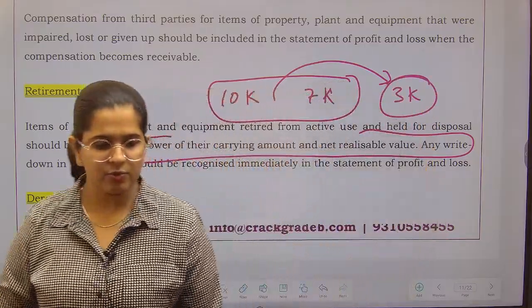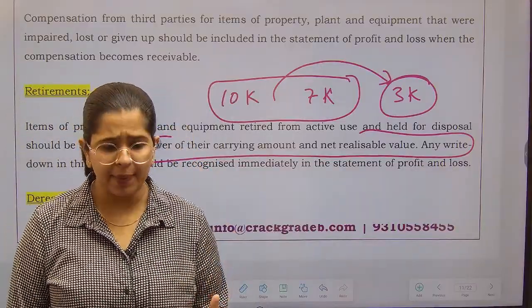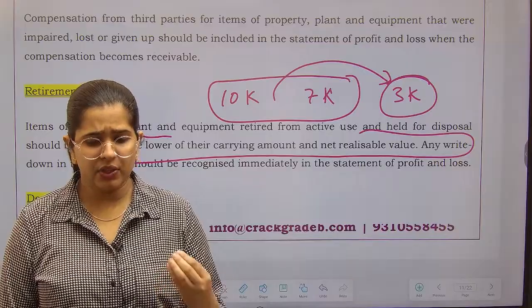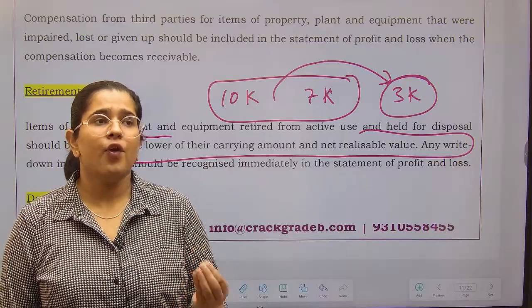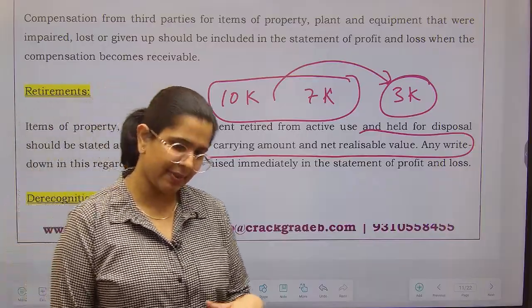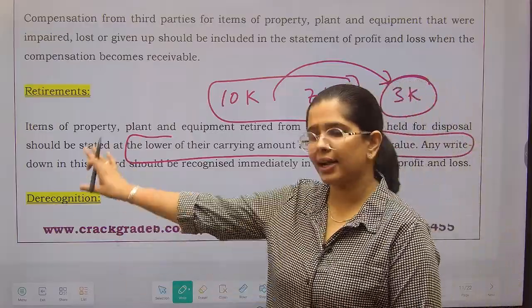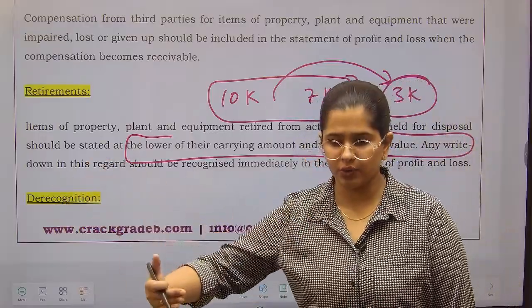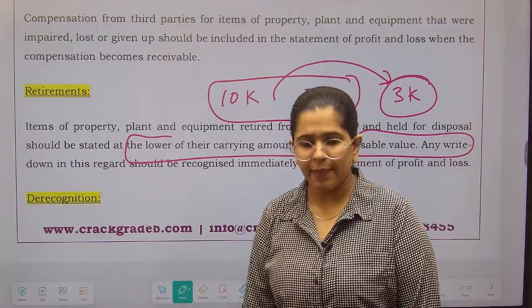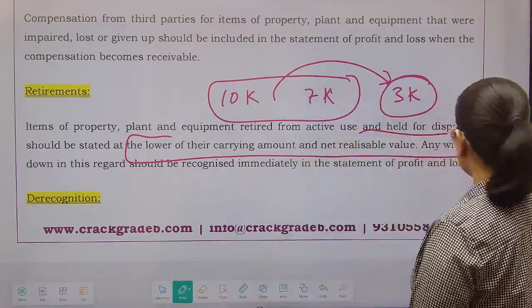Now what is the difference between the retirements as well as your impairment, right? Impairment is with respect to such kind of asset which I'm still using in my production process, right? That is in my active use. Whereas retirements का मतलब है this is that kind of asset which I'm no longer using into my production process. मैं अब use नहीं कर रही हूँ, fine? And I'm keeping it just for the purpose of sale.